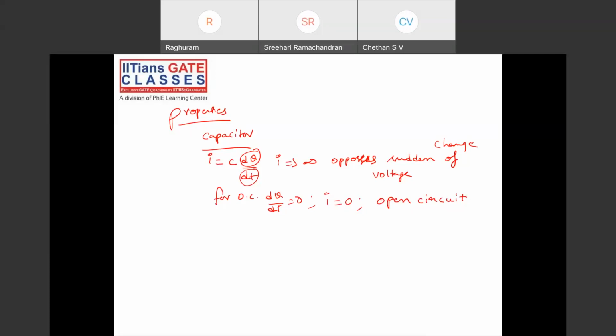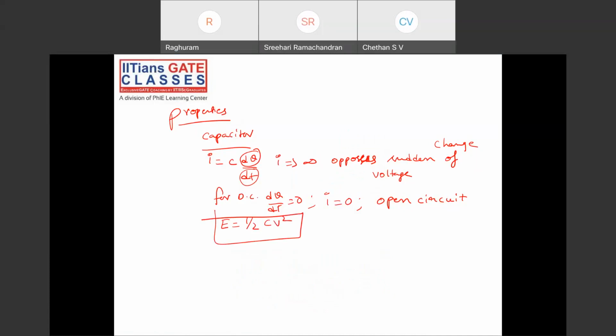So you cannot allow an instantaneous change in voltage. Also, for DC, it will act as an open circuit. Capacitor acts as an open circuit, okay?